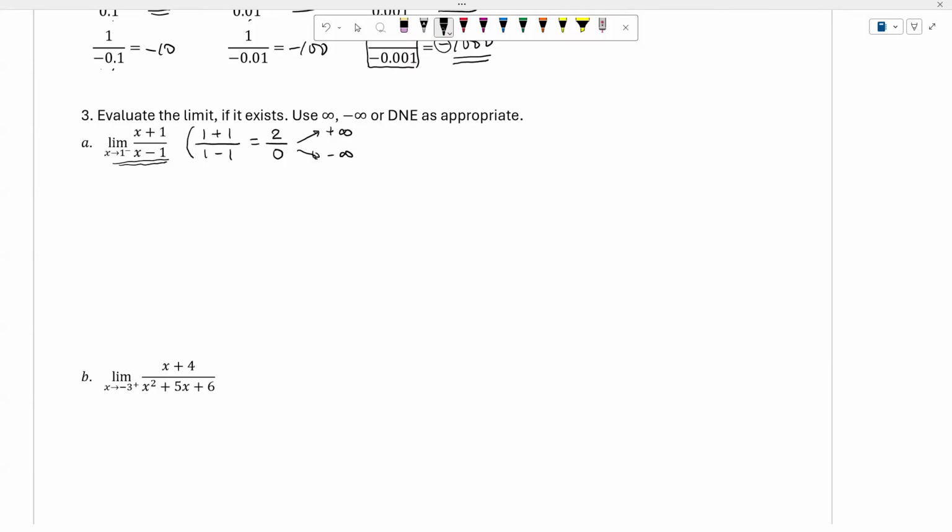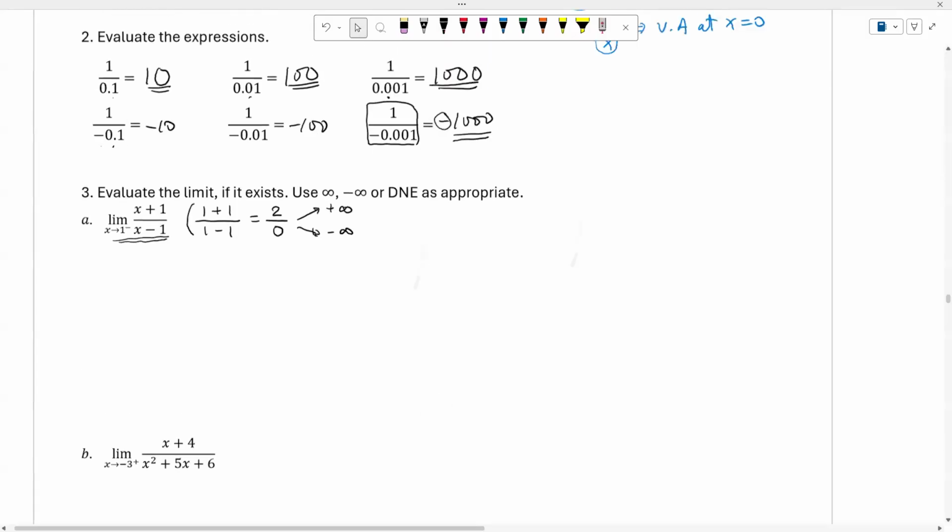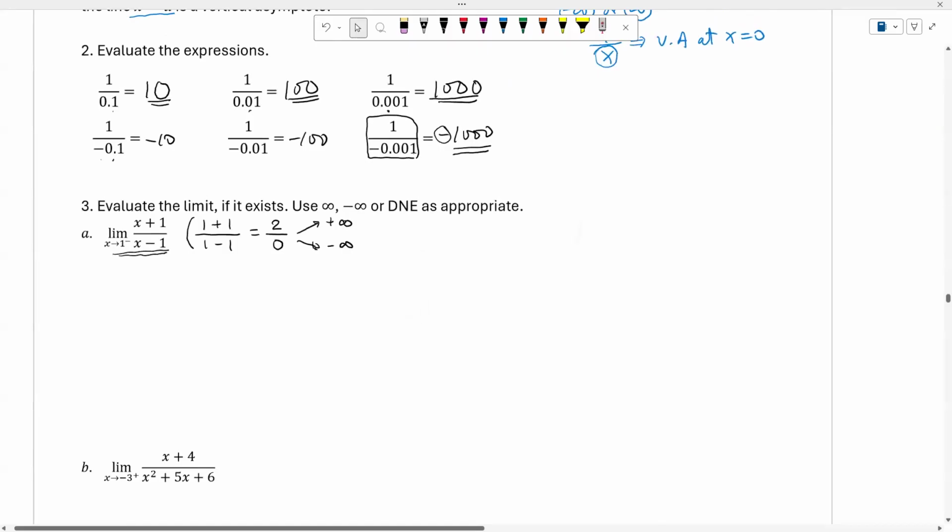No other choices. Now let's see how we know if it is positive or negative. When we evaluate, does it give me a positive number or a negative number? How do we actually work this out?